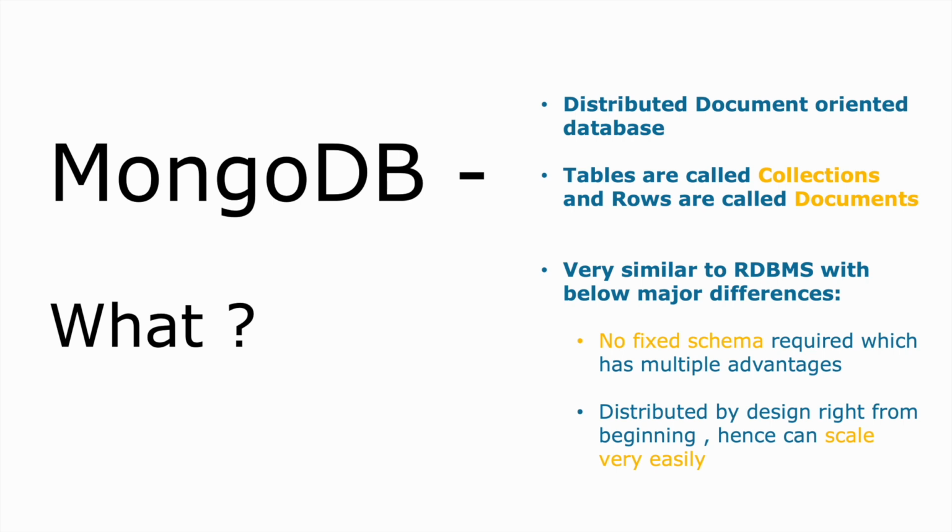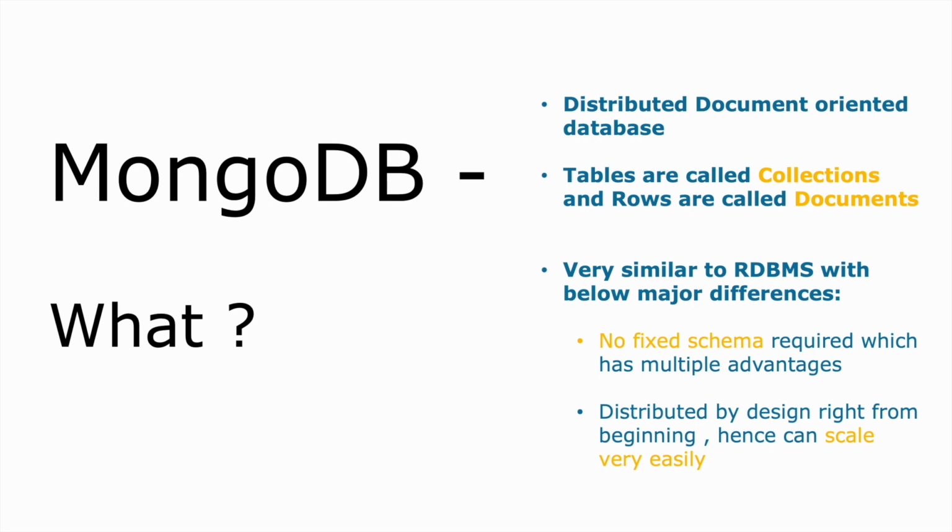And document-oriented database is one of the NoSQL database types, which is closest to a relational database, with definitely some differences. We typically refer to the tables as collections and the rows as the documents.